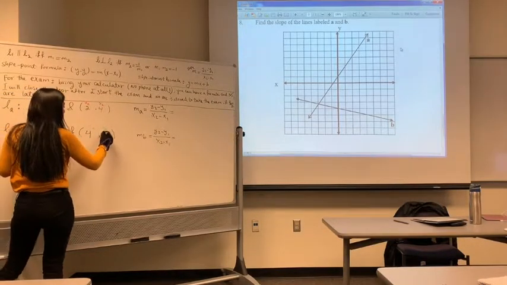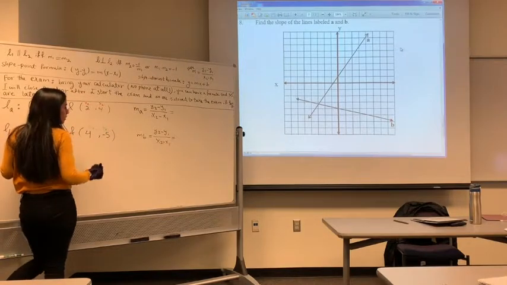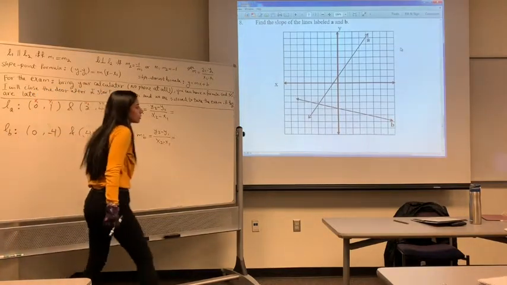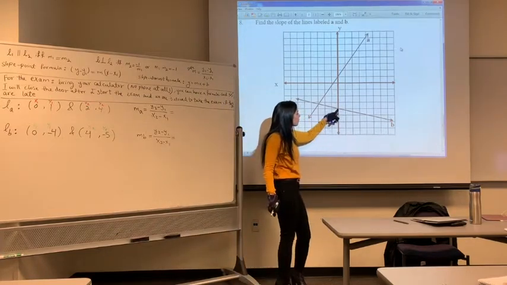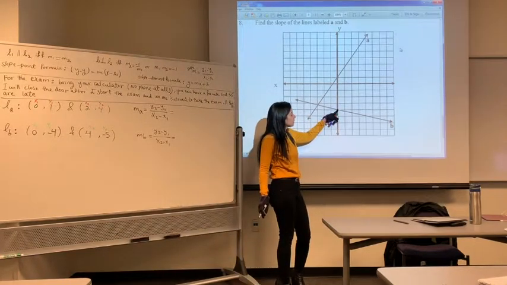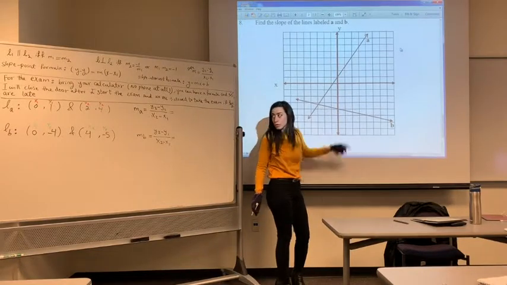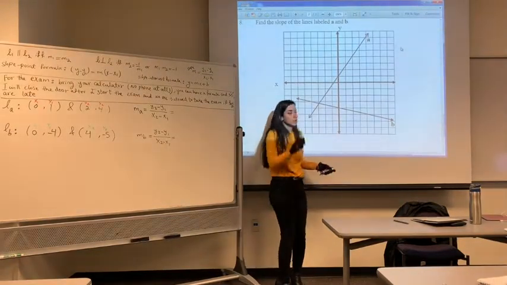Negative 5. Because it is negative. And this one was 0 and negative 4. Okay.